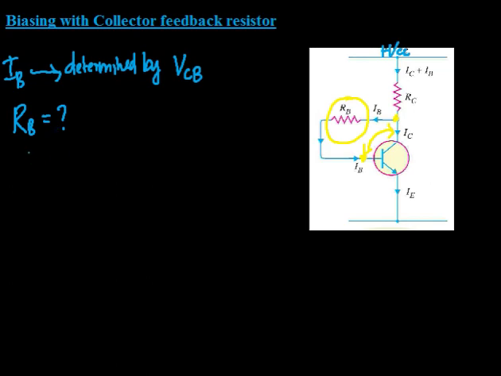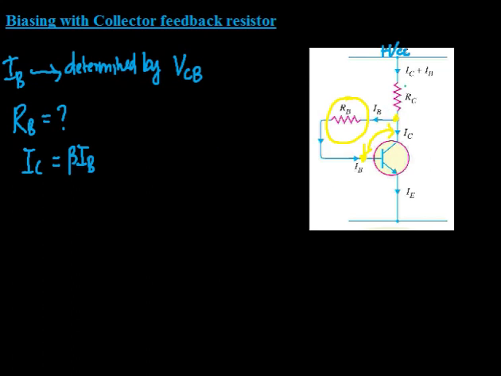Let IC be the desired value of the collector current. Then we know that IC is equal to beta IB, where beta is the current amplification factor provided by the transistor manufacturers, and IB is the base current flowing here.